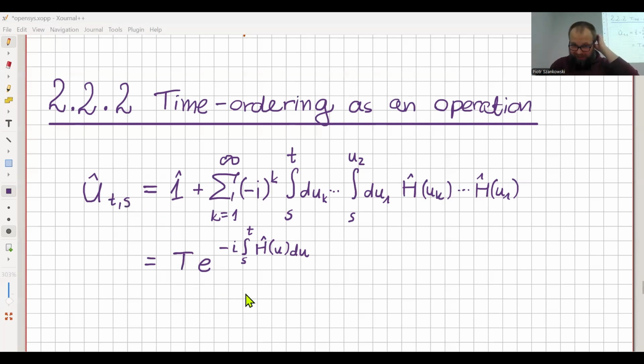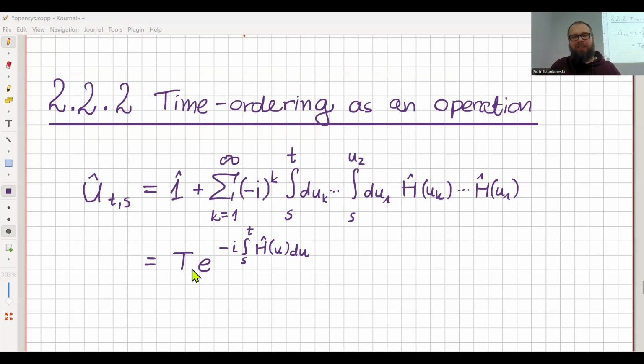And we make this observation, let's say, that this evolution operator is defined by this series, where you have these time-ordered integrals, which we manipulated a little bit last time.